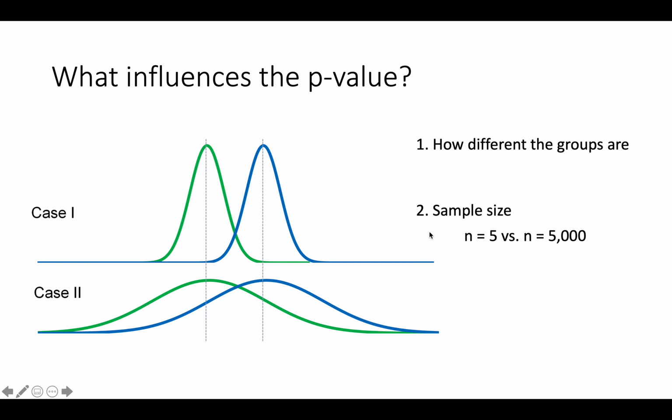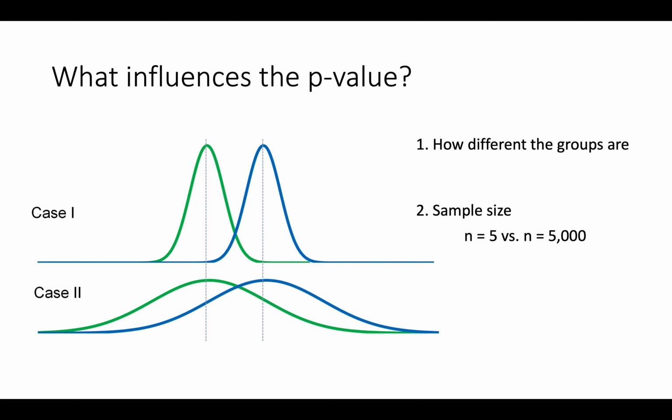And the second thing is the sample size. If you have a really low sample size, like n equals 5, so there's 5 individuals, that doesn't instill a lot of confidence. You can imagine that if you went out into a classroom and randomly picked 5 students and measured them for height, for example, you might get like 2 males and 2 females. Or 2 males and like 3 females.